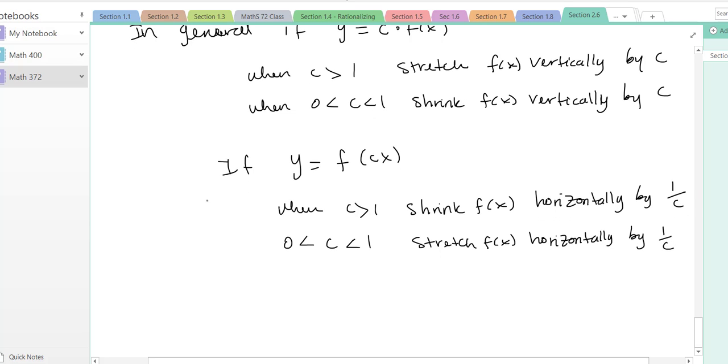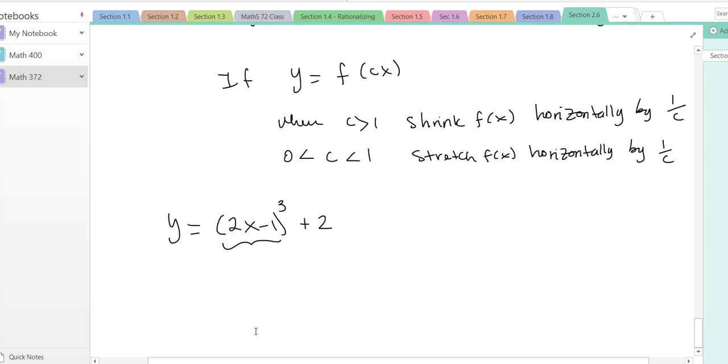The only time that you may actually see the stretch is, for example, if I had something like y equals (2x minus 1) cubed plus 2. Now, in order to cube this, we have to work a little bit harder. It will take longer. So now I can say, okay, there is a horizontal shift. My horizontal shift will be to wherever this is 0.